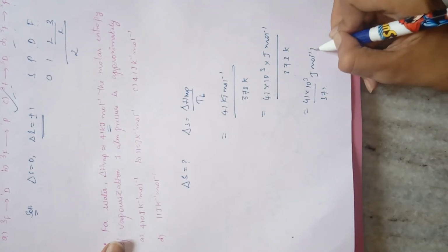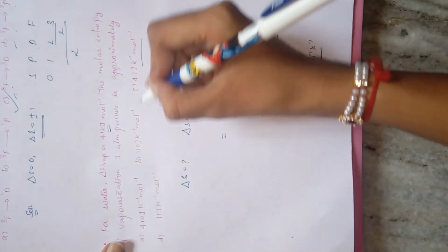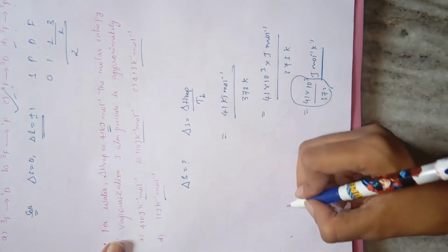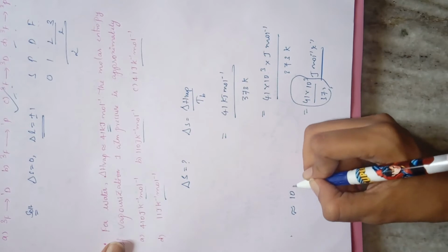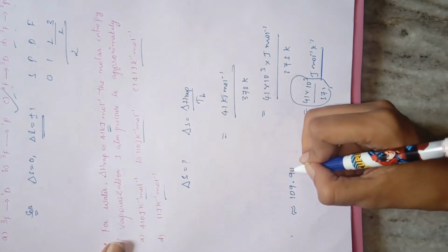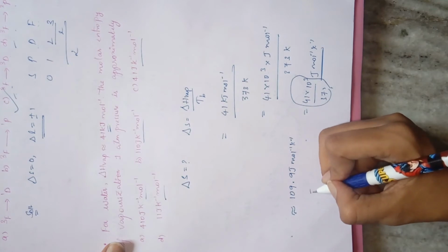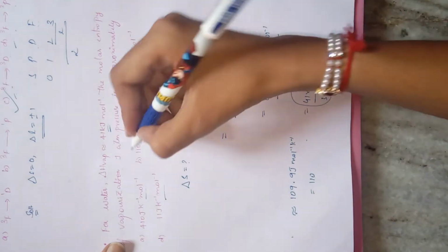So these are the units asked. Now it is matching everywhere, so just simply solve this. The answer approximately comes out to be 109.9 joule per mole per kelvin. That is almost equivalent to 110. So the right option is option B.